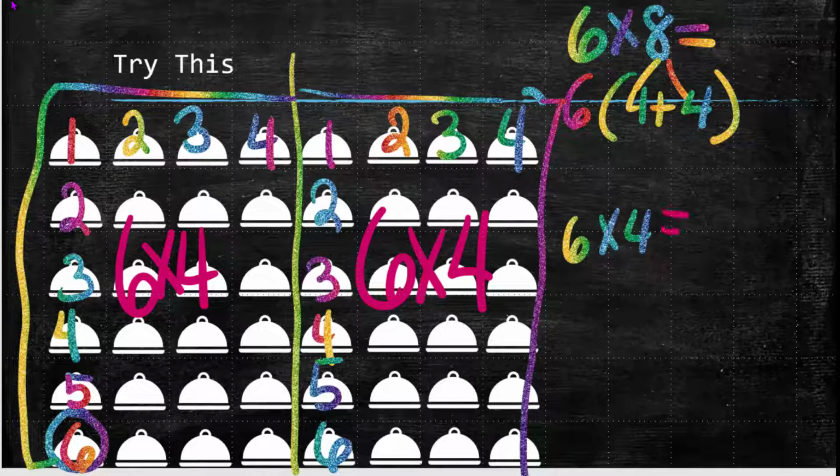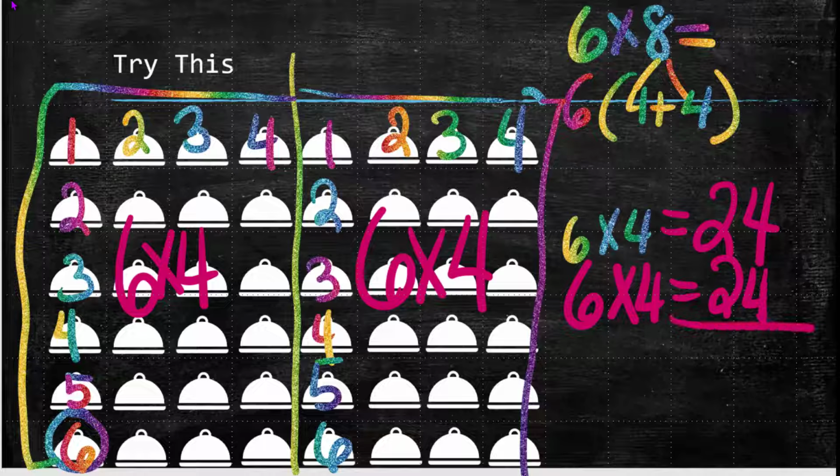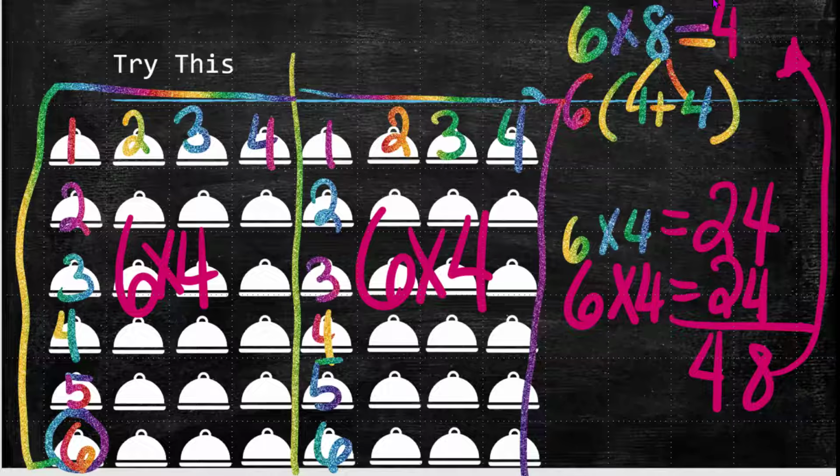Do you know the answer for 6 times 4? Well, that is 24. 6 times 4 plus 6 times 4 is 24 plus 24, and the answer to that is 48. So I take this all the way back to my original factors. 6 times 8 is 48. And it's like math magic.